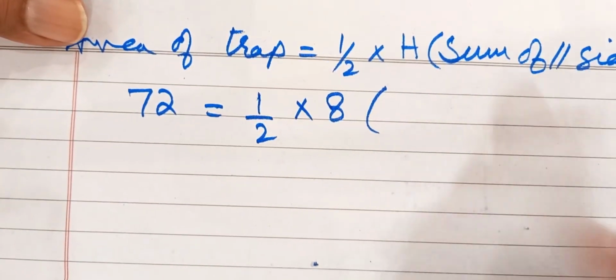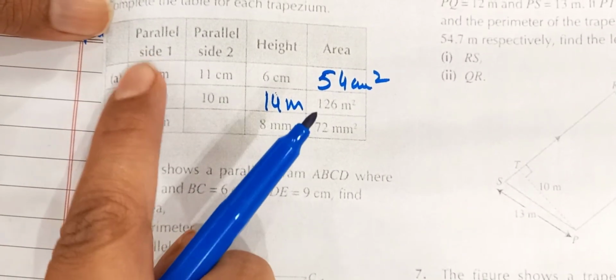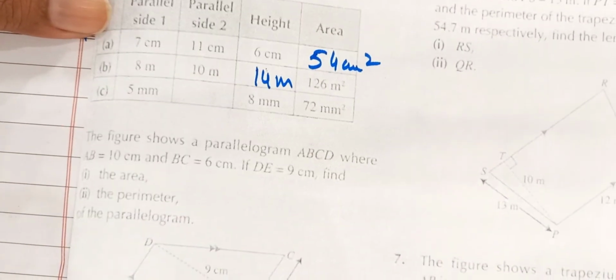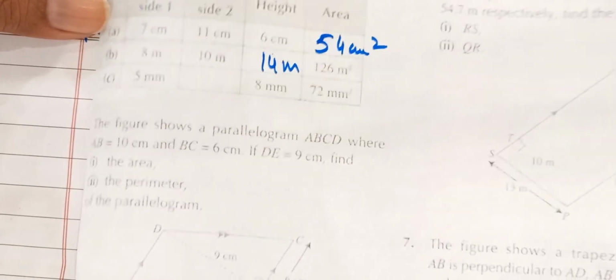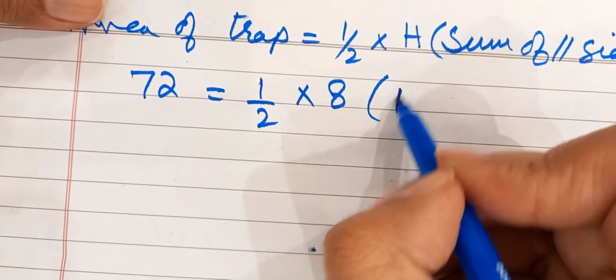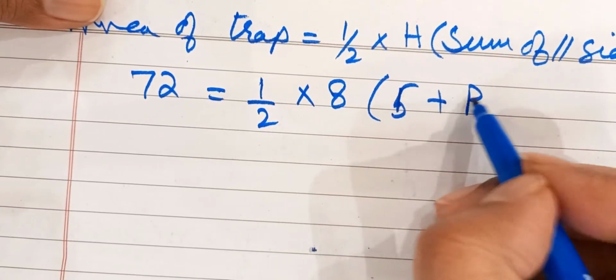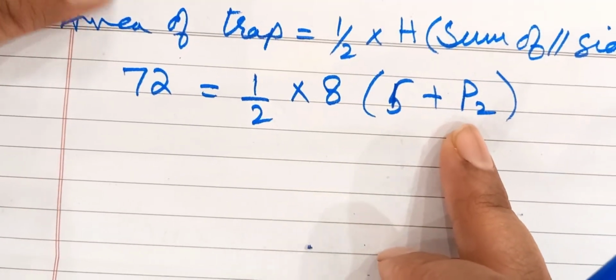Sum of parallel sides, they have given us one side. So I will use the symbol P for parallel side. So P1 is given and P2 is unknown. So P1 is 5 plus P2. I am using the symbol P for parallel side 2.